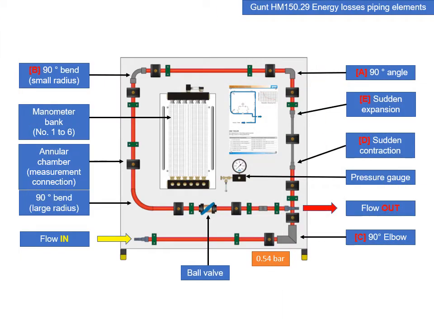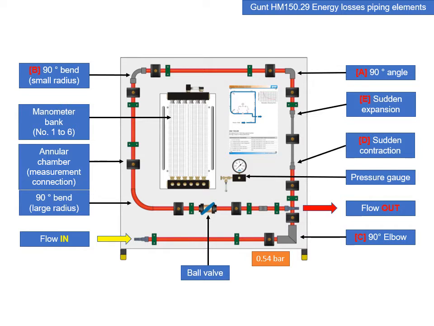So this figure shows the energy losses piping rig, and we can see the flow comes in at the position of the yellow arrow, then passes the first annular, and at this point we've connected this annular to the pressure gauge, and we've measured that as 0.54 bar. We then pass through the 90-degree elbow. We then go up through the sudden contraction, the sudden expansion, then we turn 90 degrees, going through the 90-degree angle.